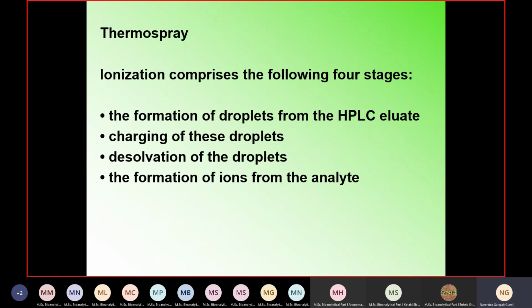You are not. The solvent has to just do its work of carrying your solute through the liquid chromatography. Subsequent to that, the solvent has to get out. So desolvation is the removal of the solvent portion from the droplets, whereby only the solute ions are there. Then the fourth step is formation of the ions from the analyte. So these are the 4 steps.